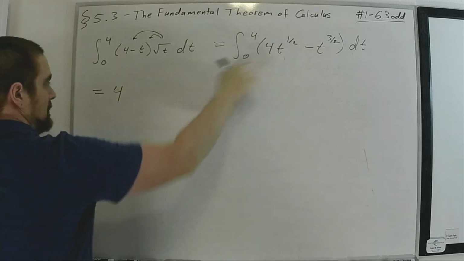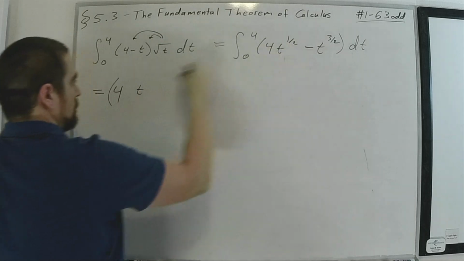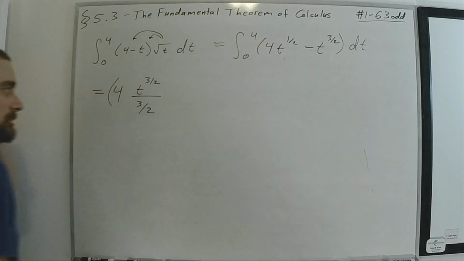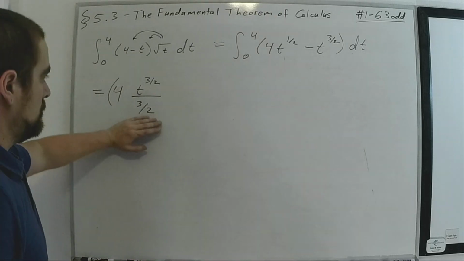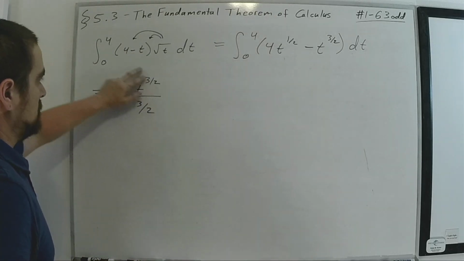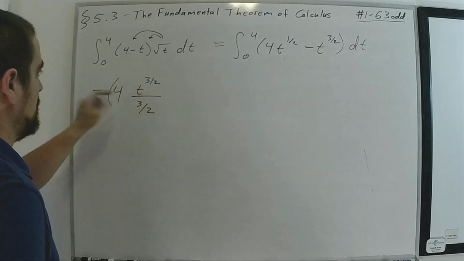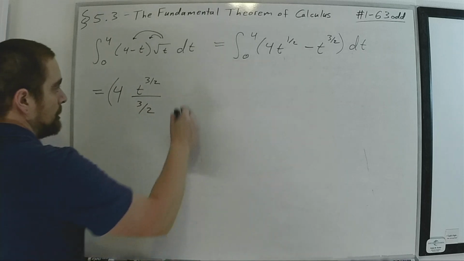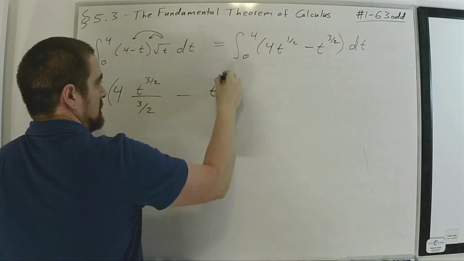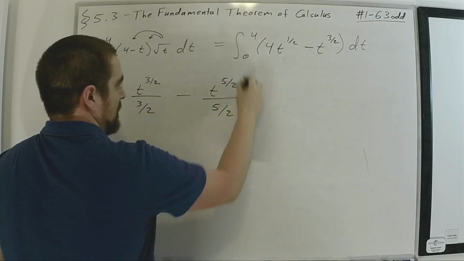So when I do this integration, I'm going to have 4 times t to the 3/2, but I need to divide by 3/2 in order to make sure that when I differentiate this, all I get left is 3/2 t to the 1/2. So if I divide out by that 3/2, then I just have the multiple 4. Minus, I need to add 1 to this power, which is t to the 5/2, which means I need to divide by 5/2.